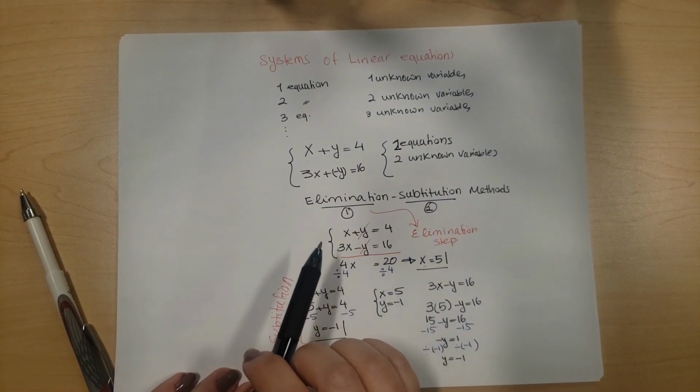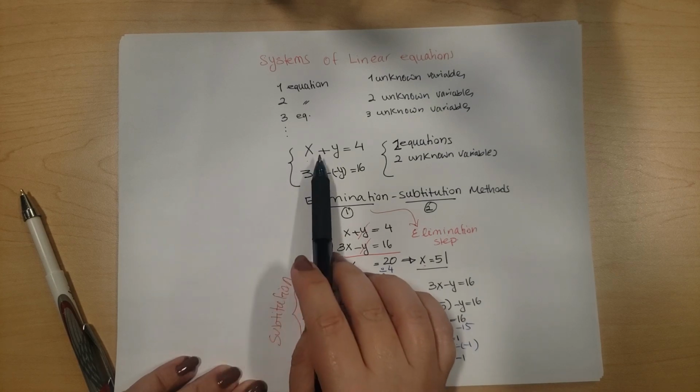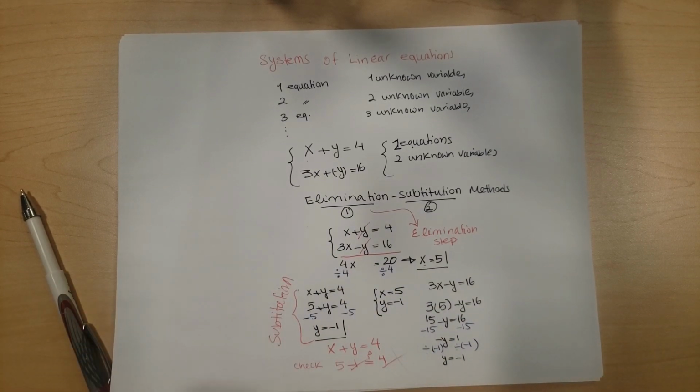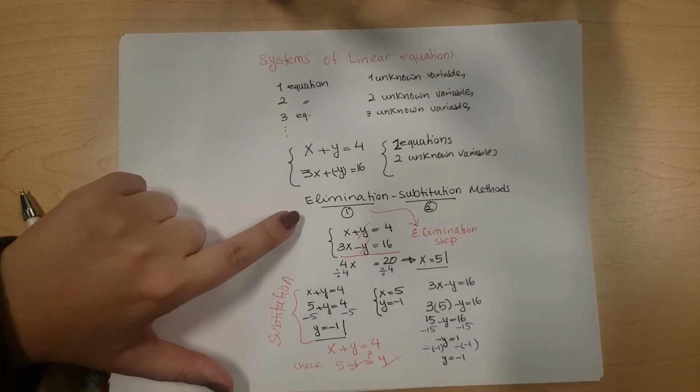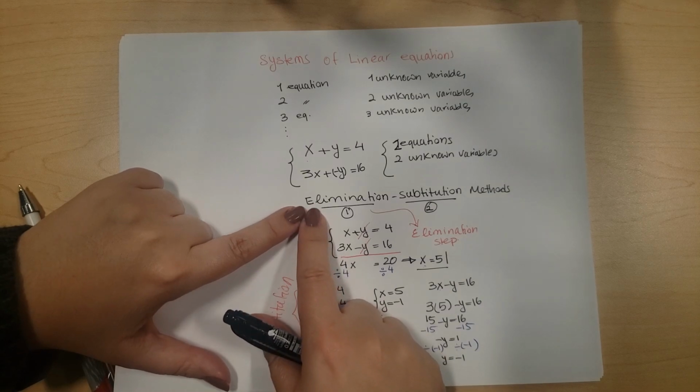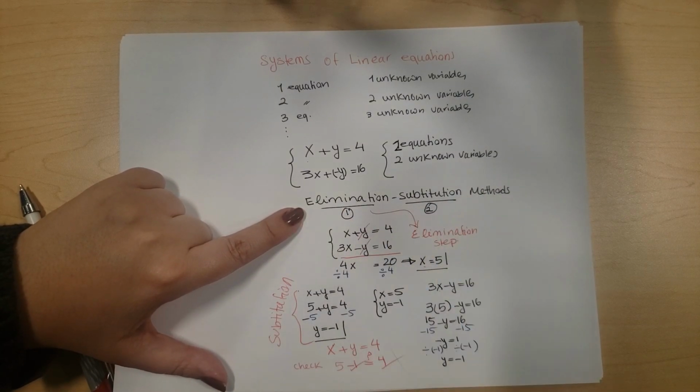I can find the values for x and y from many different methods. It could be elimination, it could be substitution, it could be Cramer's rule, or it could be graphical. For part 1 of this video, we will use the elimination substitution method.